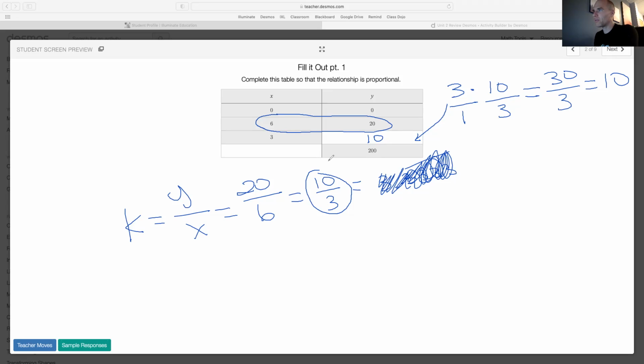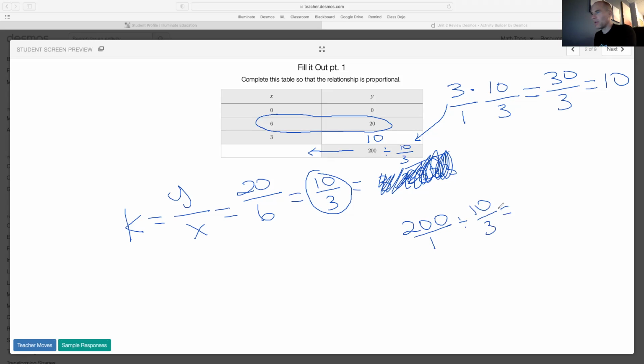All right, and so now to fill in this box over here, we need to do 200 divided by 10/3, because we're going back the other way from y to x. And so I'm going to use a strategy I love called keep, change, flip in order to do this division. So 200 over 1, I'm going to write it as a fraction, divided by 10/3.